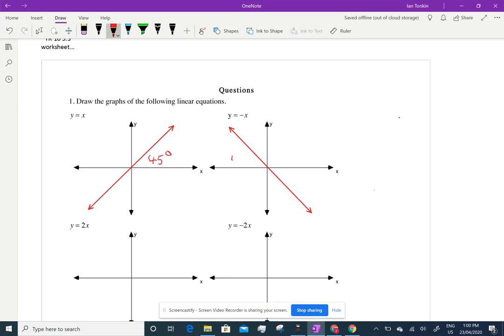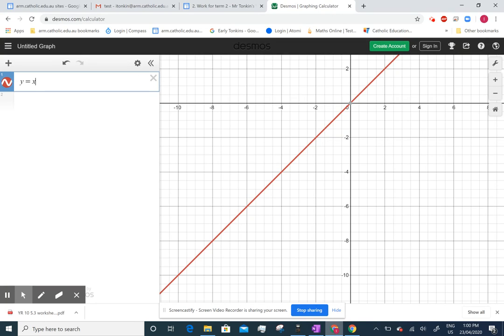And this angle is 45 degrees because it's going down left to right. So this angle here is 135 degrees. Okay, let's have a look at Desmos. If we just put a negative in front, we can see that's what happens.